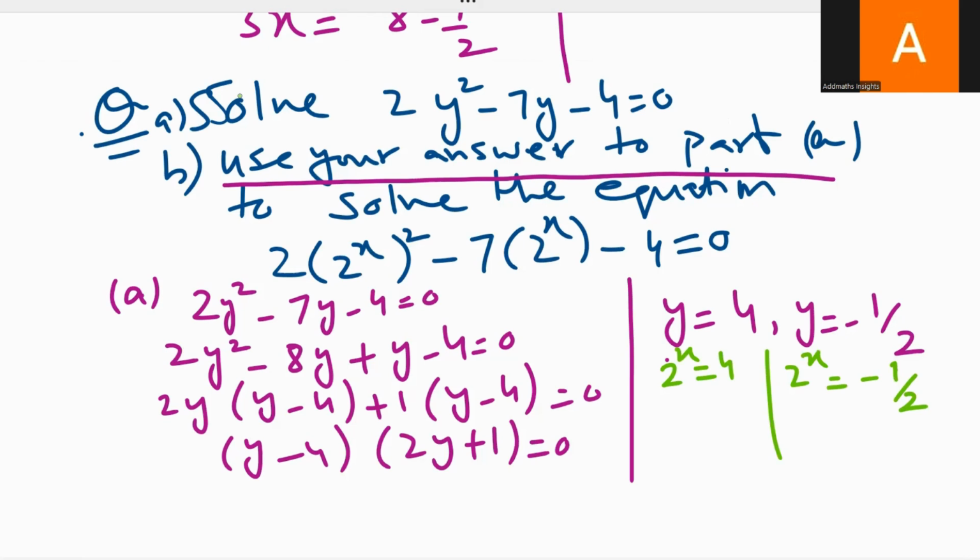So you can write 2 raised to power x is equals to 2 square. And when you compare it, your answer is x equals to 2. And there is a negative sign over here. So you cannot compare these two, right? So they are not equal basically. So you will neglect it. And your final answer is x is equals to 2, right?